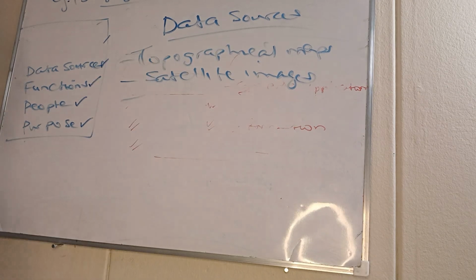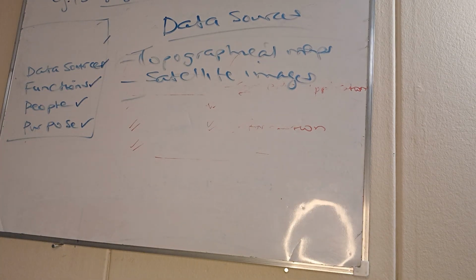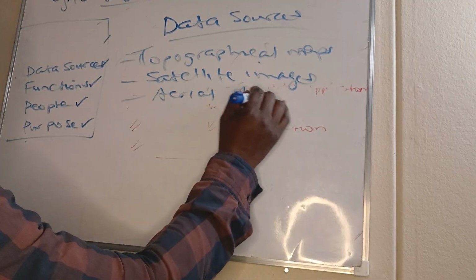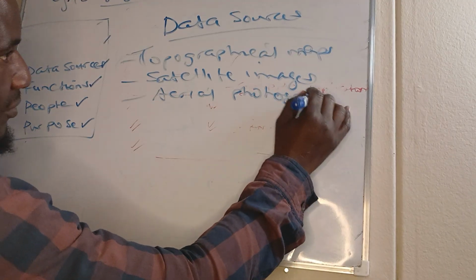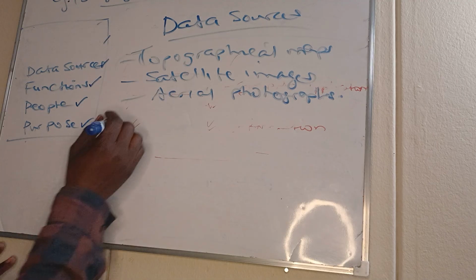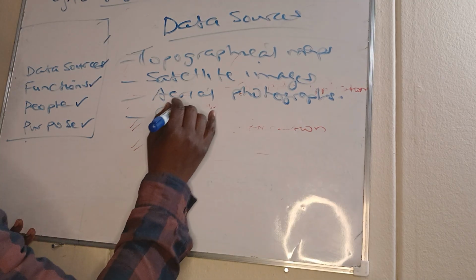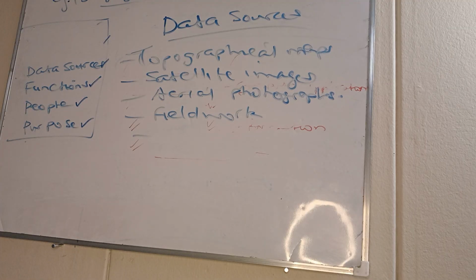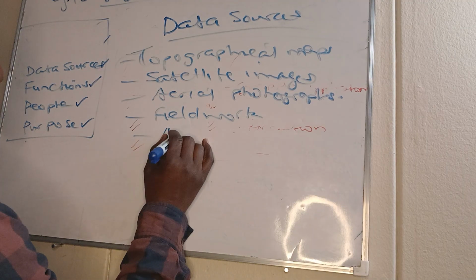We can also get our information from aerial photographs. We can also get our information from field work. We can also get our information from administrative records.